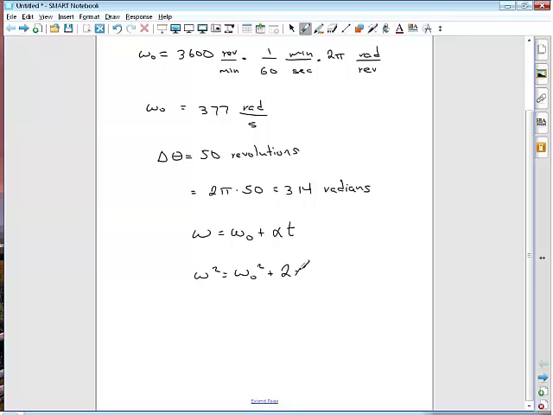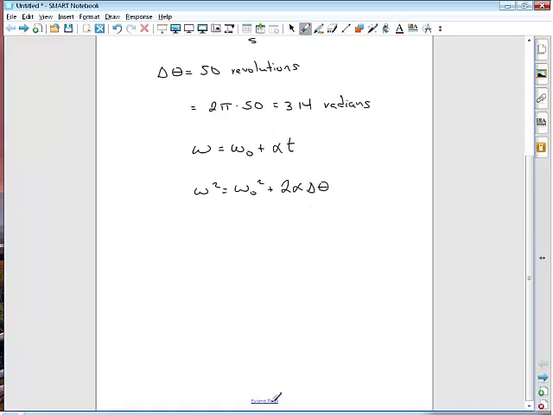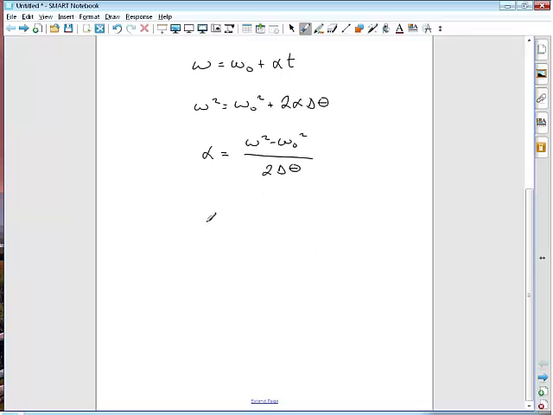So that was omega squared equals omega 0 squared plus 2 alpha delta theta. So we have the 2 omegas and we have delta theta, so we can solve for alpha algebraically. So what you get is omega squared minus omega 0 squared divided by 2 delta theta. Now this thing's slowing down, so we should get a negative alpha. When things speed up, positive alpha. Slowing down, negative alpha. So this should be negative, so hopefully that's what's going to happen.